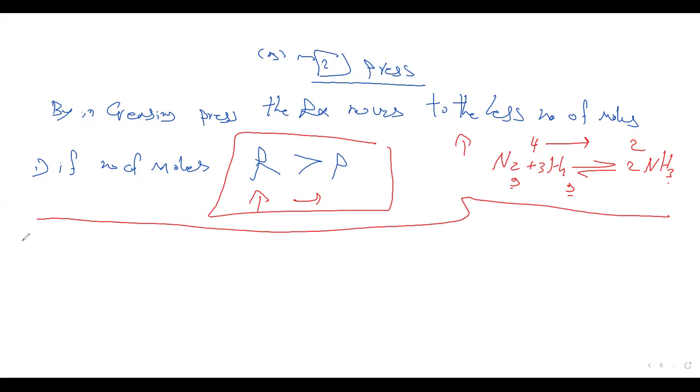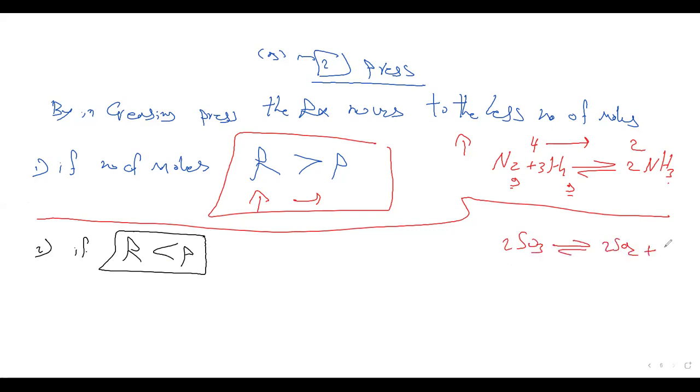Number two, if the number of moles in product is greater than reactants, so reactants is less than products. Like if we have 2SO3 gas gives 2SO2 plus O2.